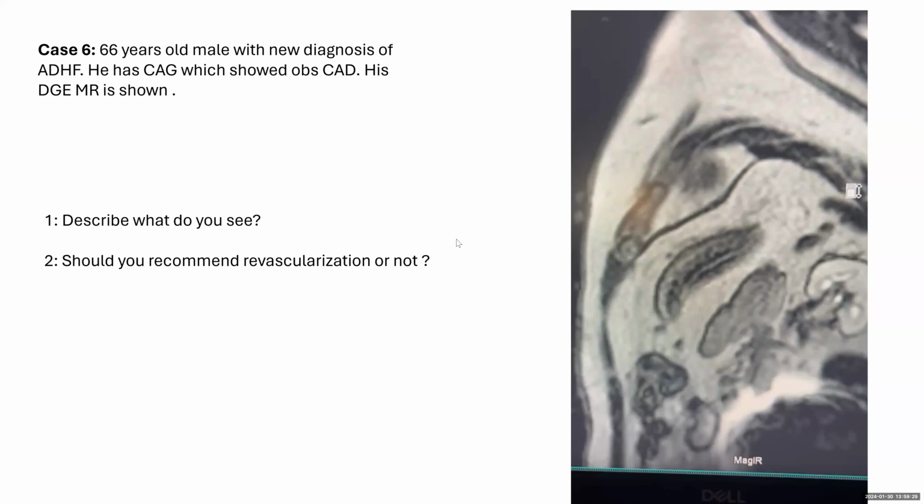Okay. So coronary angiography was done already, and the patient was sent to the cardiac MR after coronary angiography to assess the ischemic burden, or the ischemic scar burden. Yeah, so just make it simple.